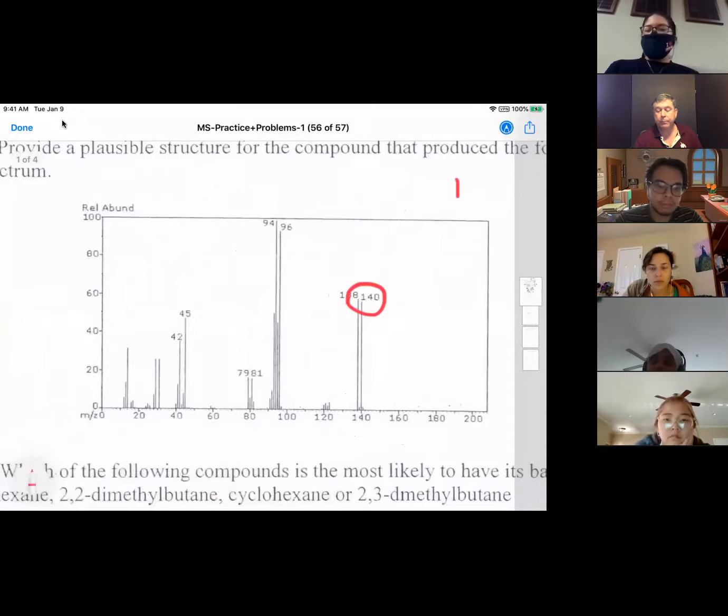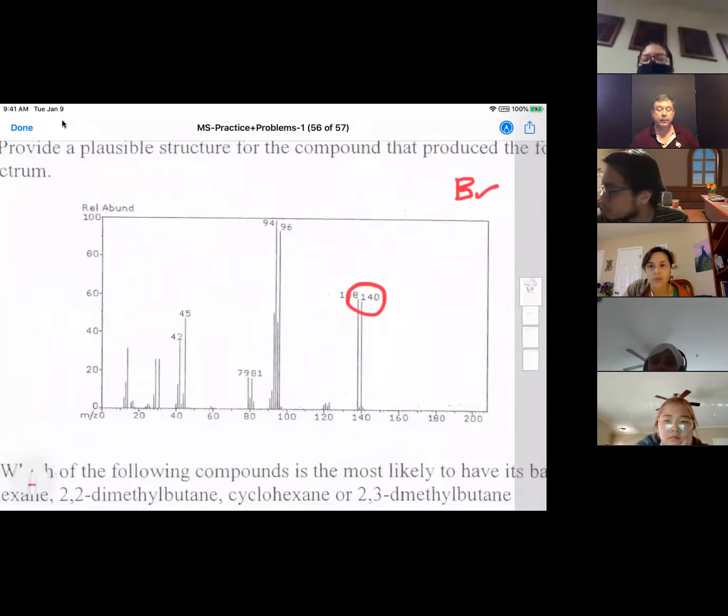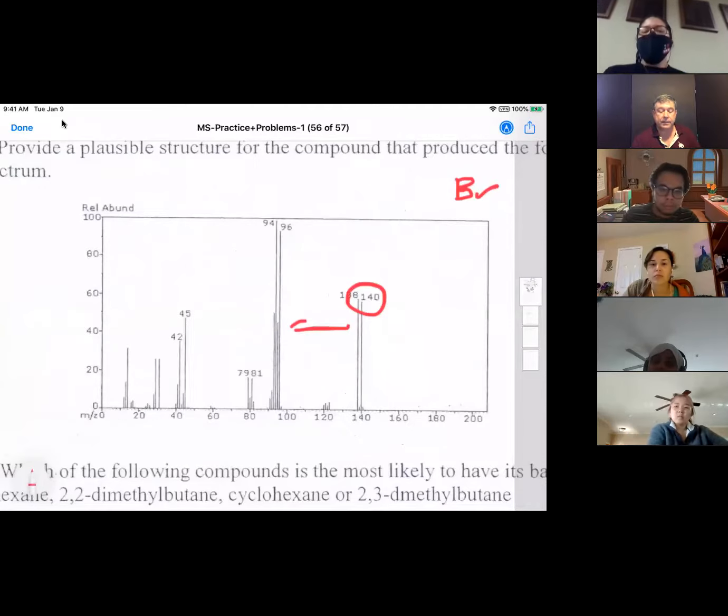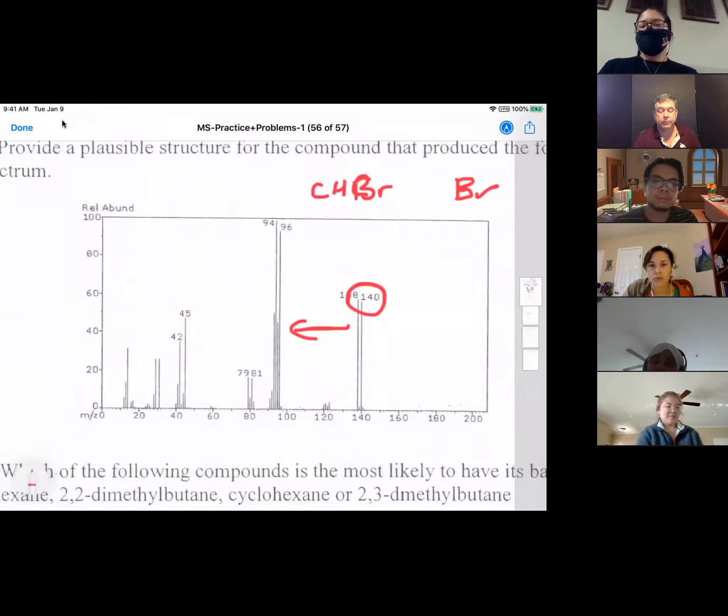So boom, bromine, we know that. And the second thing we see is that this fragmentation gives us bromine with a CH2 on it, because the 94, 93 is a bromine with a CH2 on it. So that fragment tells us that.